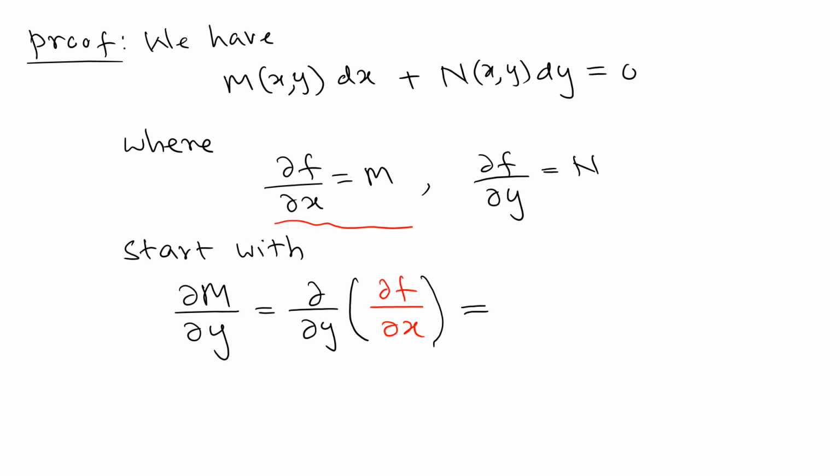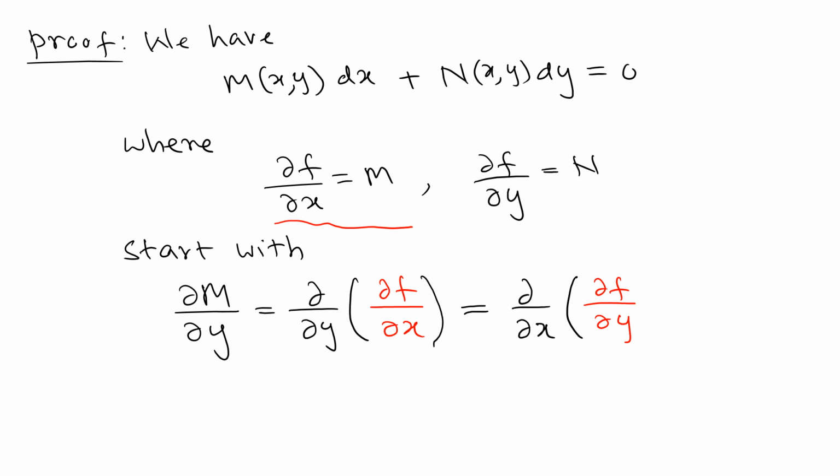Because we assume the first partial derivatives are continuous, an advanced calculus result says you can switch the order of the derivatives. So that means we can write this as ∂/∂x of ∂f/∂y.